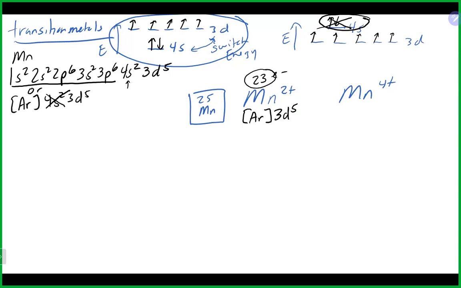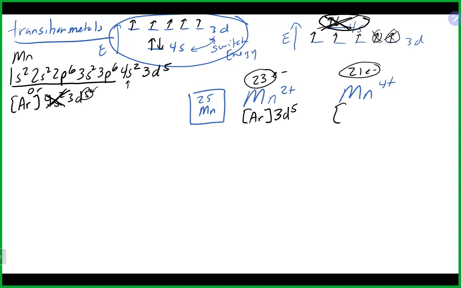Now, if we go to Mn with a 4+ charge, it now will have 21 electrons, right? Because it lost 4. Once again, it's going to take those 2 out of here, and now we still have 2 more to go, which means we are going to take 2 out of the d.